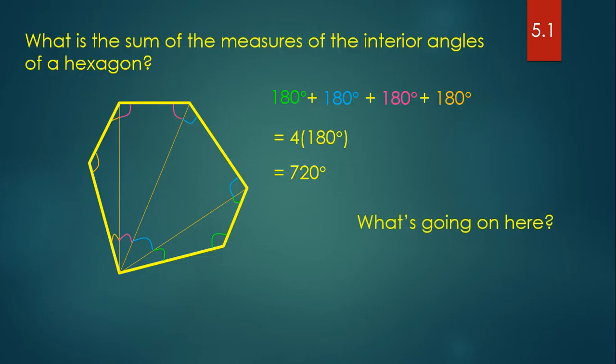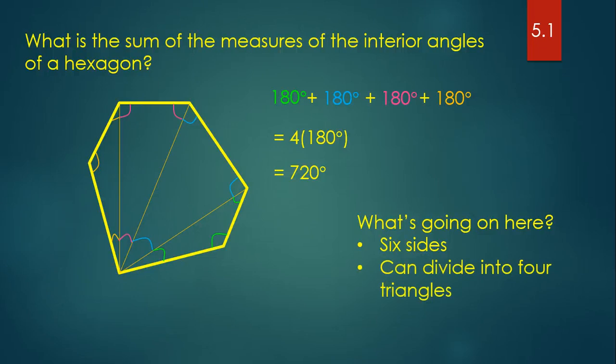Now stop and think about what's going on here. We had a 6-sided polygon. We were able to, from one vertex, divide that polygon into 4 triangles. And so the sum of the interior of the hexagon was 4 times that 180 degrees.